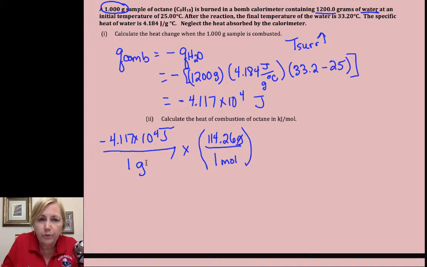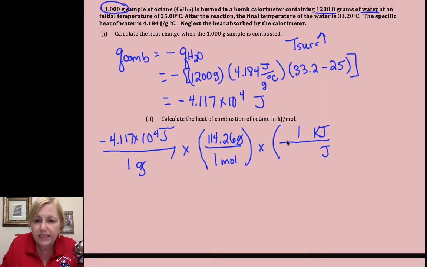I'd have joules per mole, but the question asked for kilojoules per mole. So the last step is going to be to get rid of joules, go to kilojoules, find your prefix, put the number 1, and then put your scientific notation. And when we're done, we get minus, don't forget that negative because it's exothermic, 4.704 times 10 to the 3rd kilojoules per mole.